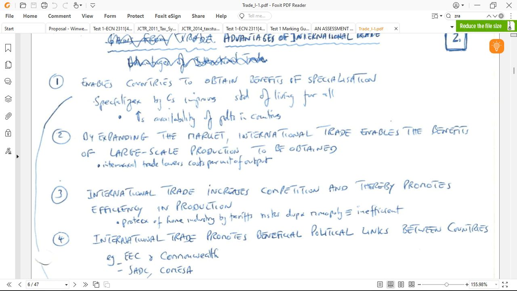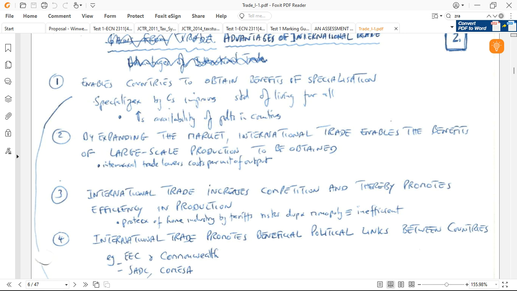Because of international trade, there is now an increase in competition, and because of this, countries try to increase their efficiency. They're going to work on their quality, they're going to increase their efficiency so that they can make their output more attractive compared to their competitors' output. So at the end of the day, international trade increases competition.